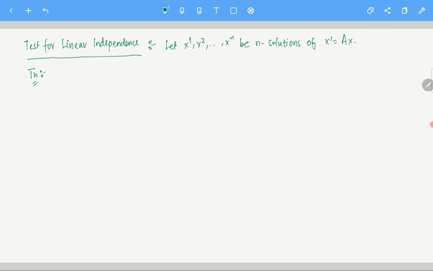The theorem says that x1, x2, xk, they are linearly independent solutions if and only if, okay, x1.